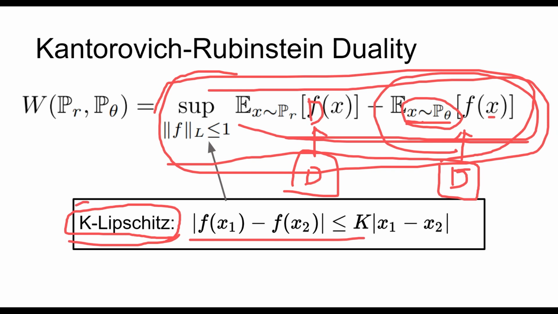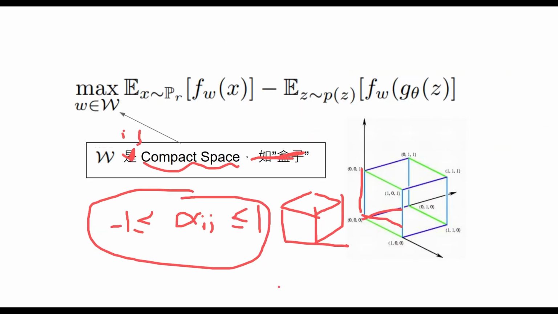So there is some k. We don't need to worry about what k is, because we can divide the whole formula by k. We use f over k as our f in this formula. So this is less than 1. Okay, so that's one way to do so.